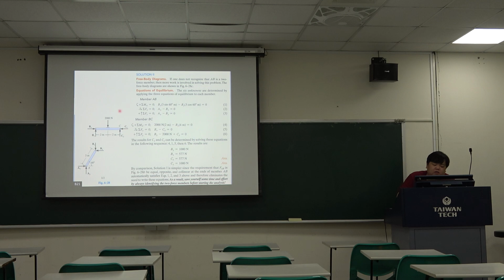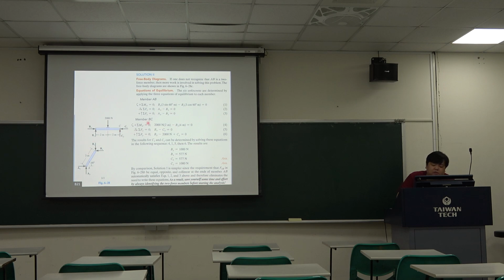So if you focus on the member AB, you cannot use the one equation of equilibrium to solve this problem. You also need to use this part. And don't forget, if you divide this force into components like this and this, the internal force is also okay.